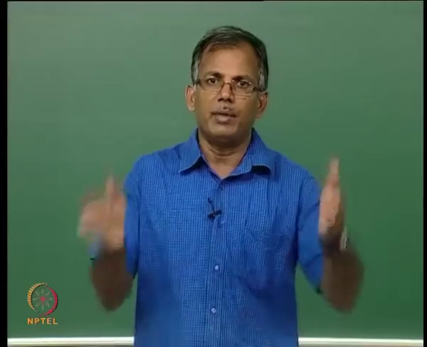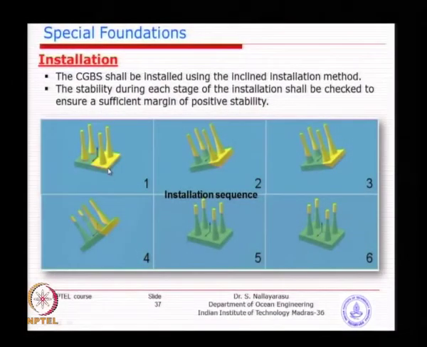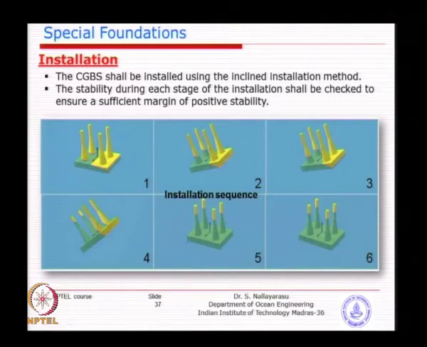Once you raise the bottom caisson to the top level, then you pull it out into a wet dock, wherein you float it out and start raising your shafts. Or if you have the facility to float out completely, you can actually complete the shaft also in the dry dock itself and then float it out.